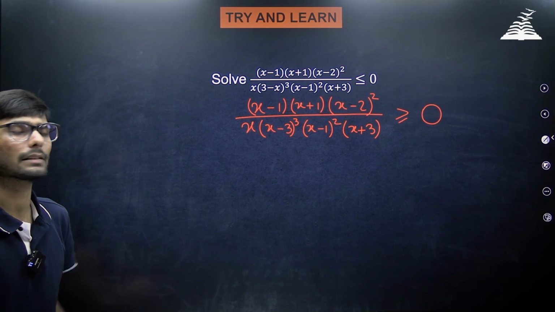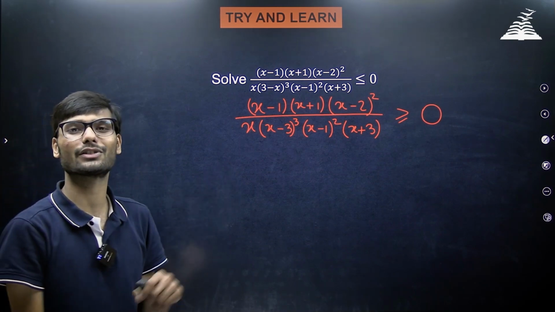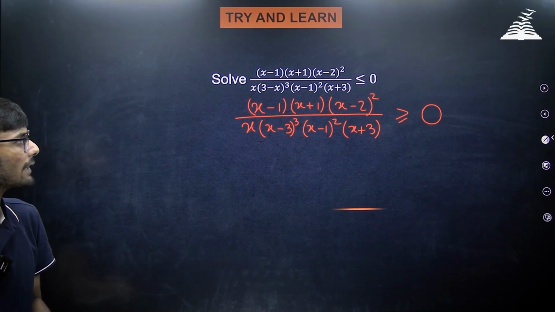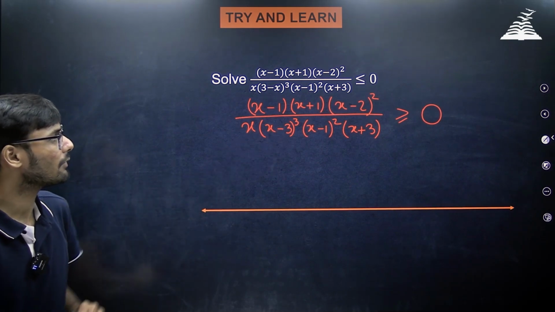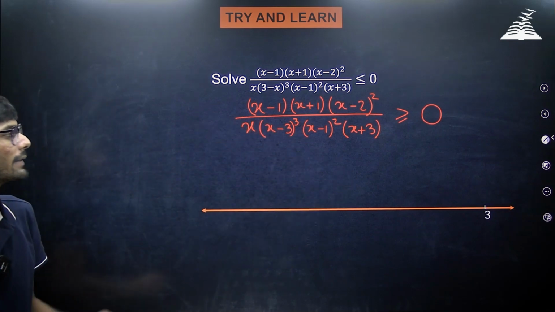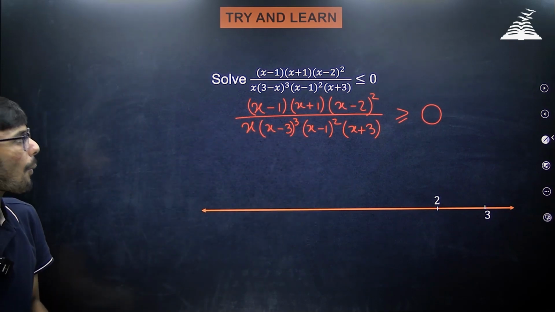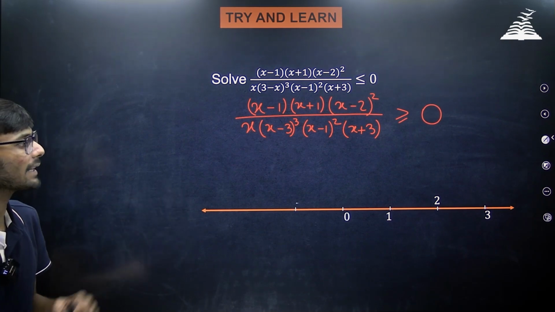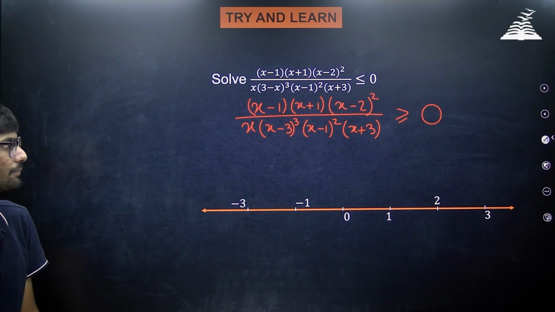Now step number 2, we are going to plot the zeros of this expression on the number line. So let's do that. What will be the first number that we should write? We should write 3, that's the biggest one, then 2, then 1, then 0, minus 1 and minus 3.